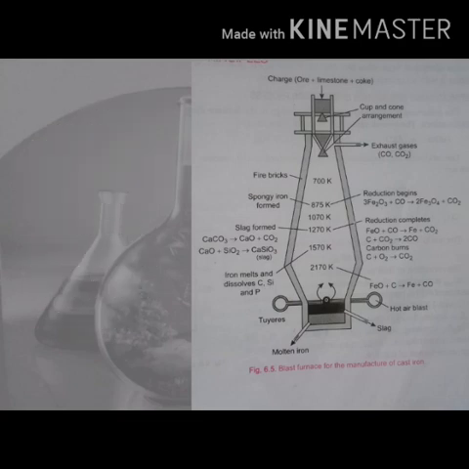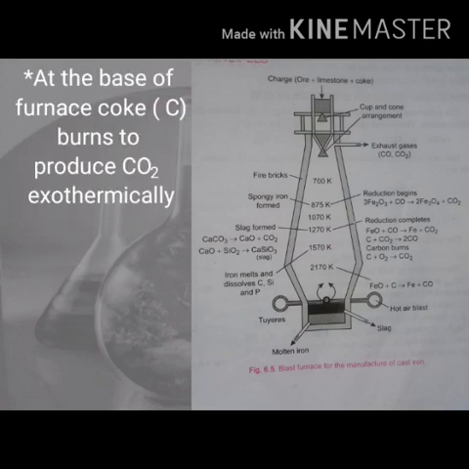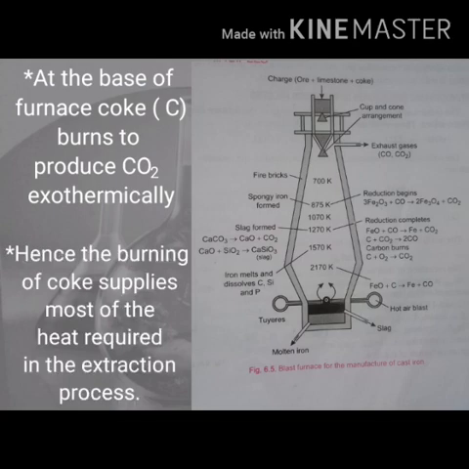Hot air is blown from the bottom of the furnace and coke is burnt to give temperature up to 2200 Kelvin in the lower portion itself. The burning of coke therefore supplies most of the heat required in the process.